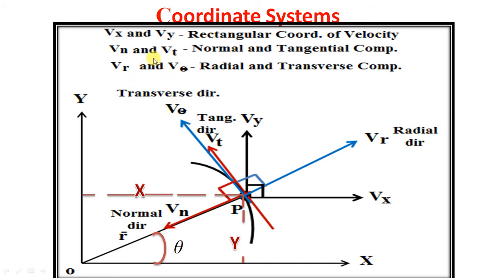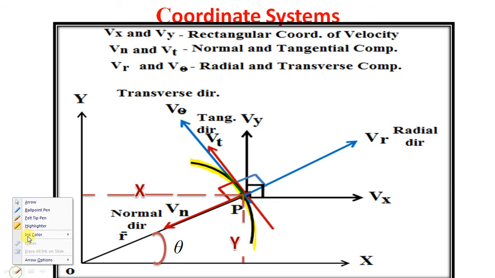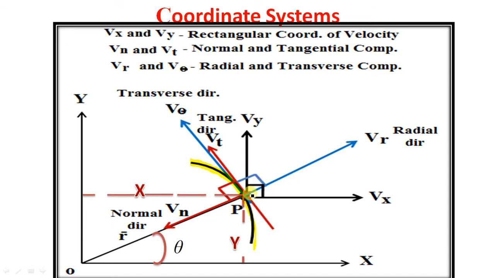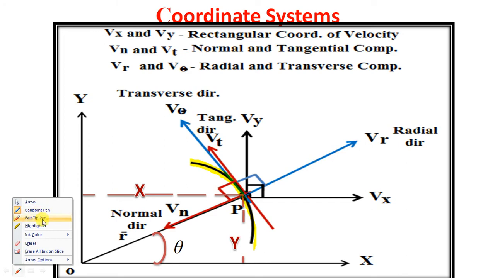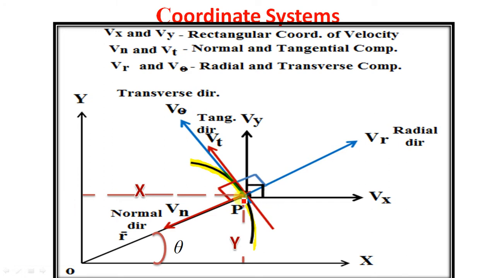So we will revise the diagram we learned while starting the coordinate systems. Let's say this point or this body is on this curved road, which is shown by this black line. This is your curved path, and the body is over here.